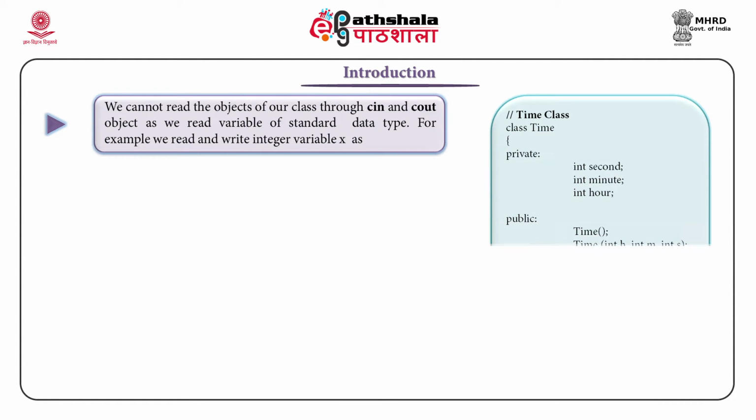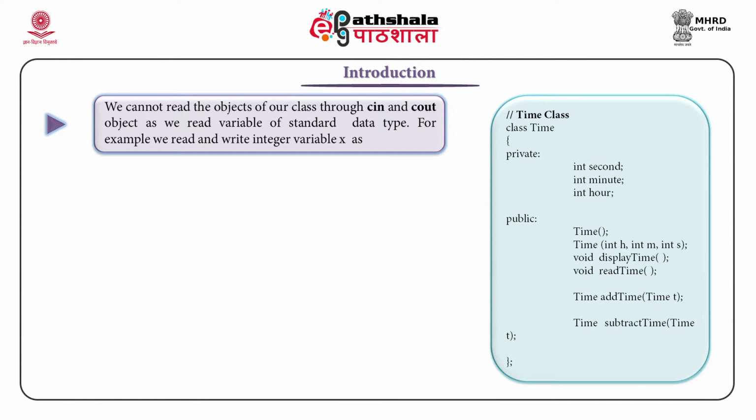The second limitation is that we are able to read and write standard data types using the objects cin and cout, but we cannot read the objects of our class in the similar fashion. For example, if you want to read 2 variables, an integer variable x and a real variable y, you can read them as cin x, cin y.